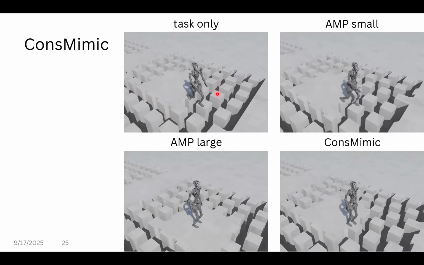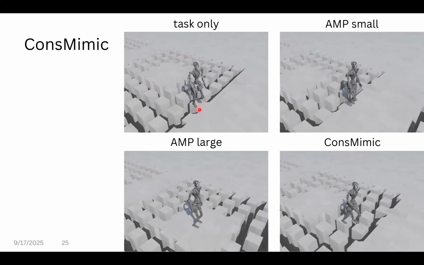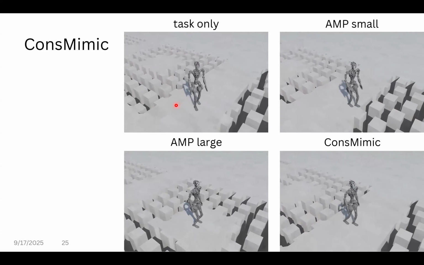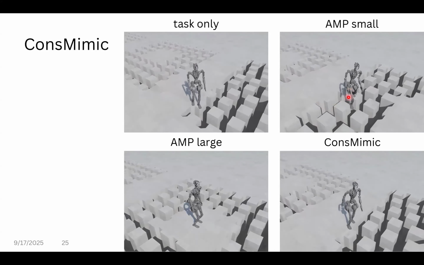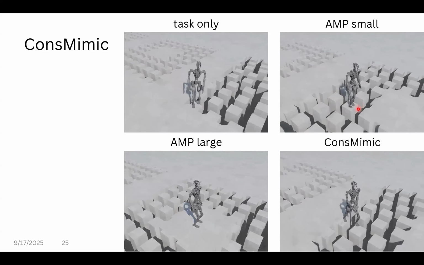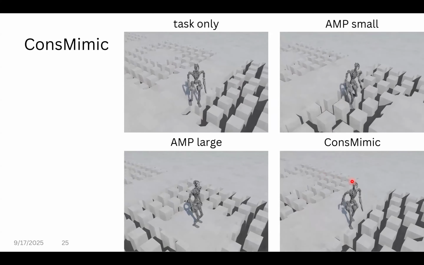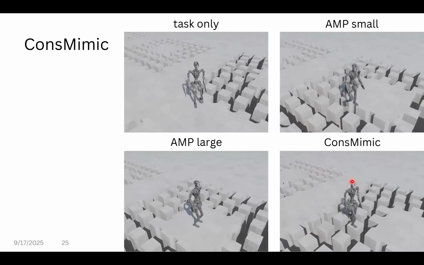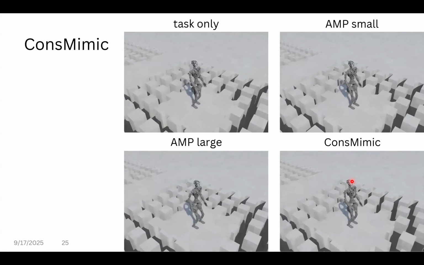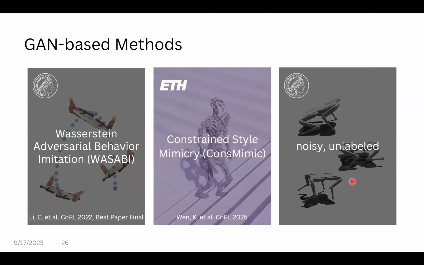Again, task only is kind of going, but in the wrong direction. AMP small is very similar. AMP large doesn't move at all. And in ConstMimic, you can see it really tries to do the task while mimicking the reference motion on flat terrain. Great, that's our second work on GAN-based methods.